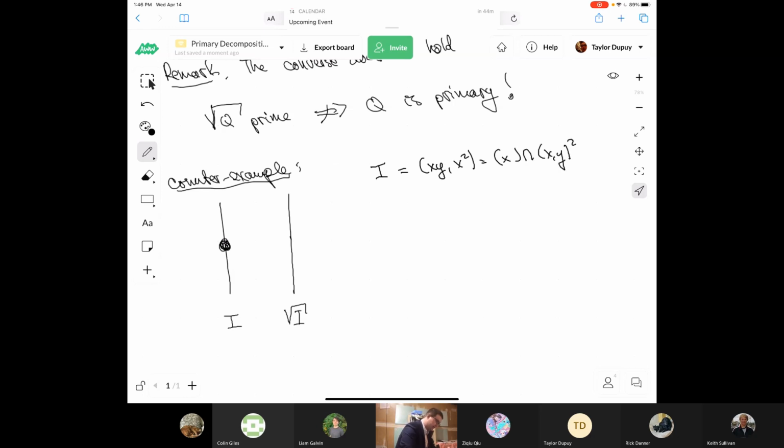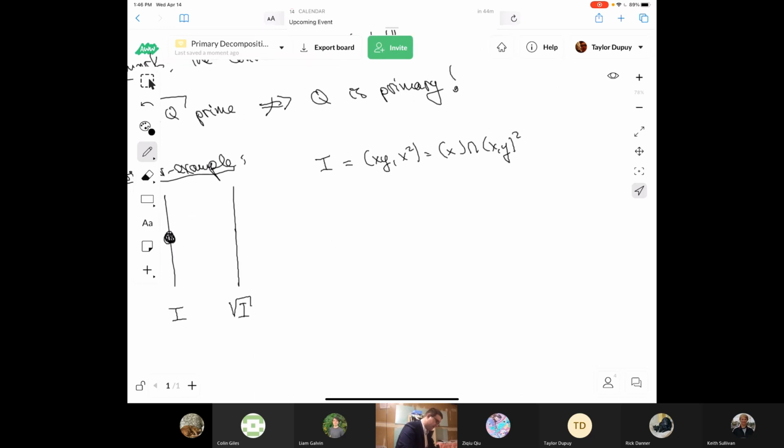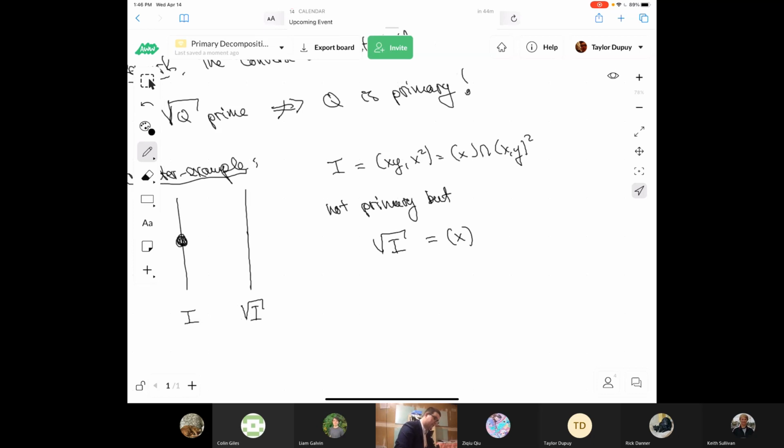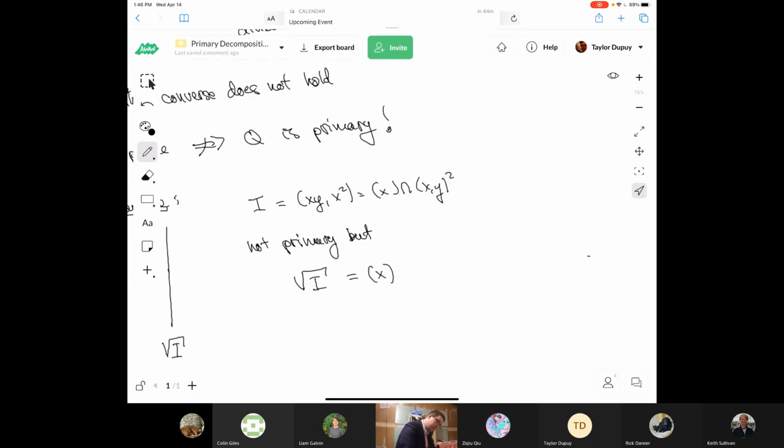This is not primary. It has two primary components, right? It's not primary, but the radical of I looks like just the y-axis. So this is inside k[x,y], and k is a field.